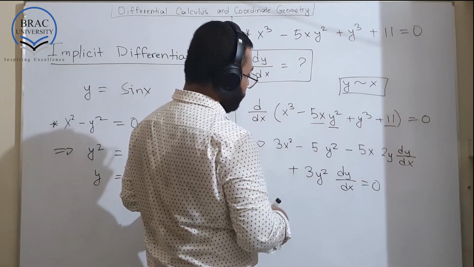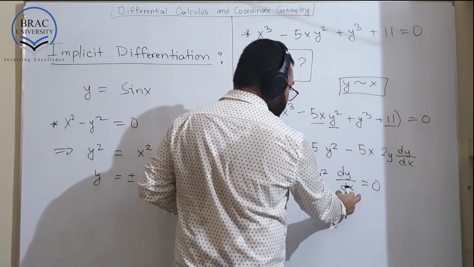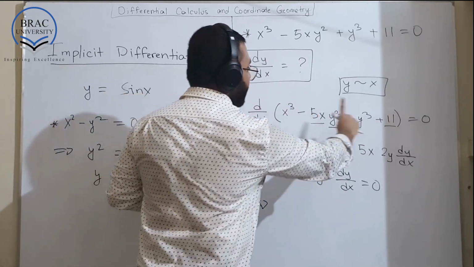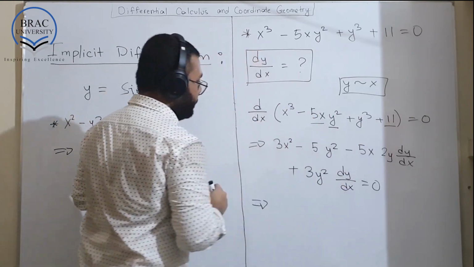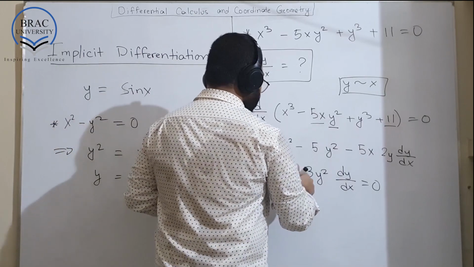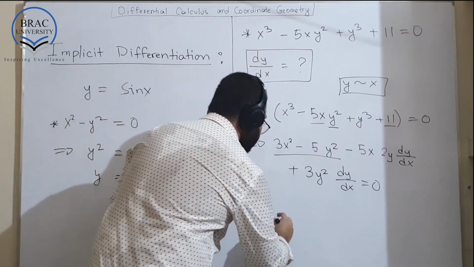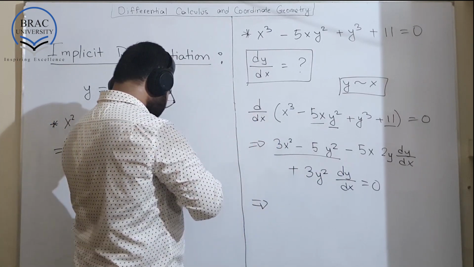Now, what do we need to do? We need to isolate dy/dx so that we can find the derivative of y. These two expressions are independent of dy/dx, so let's get them to that side.